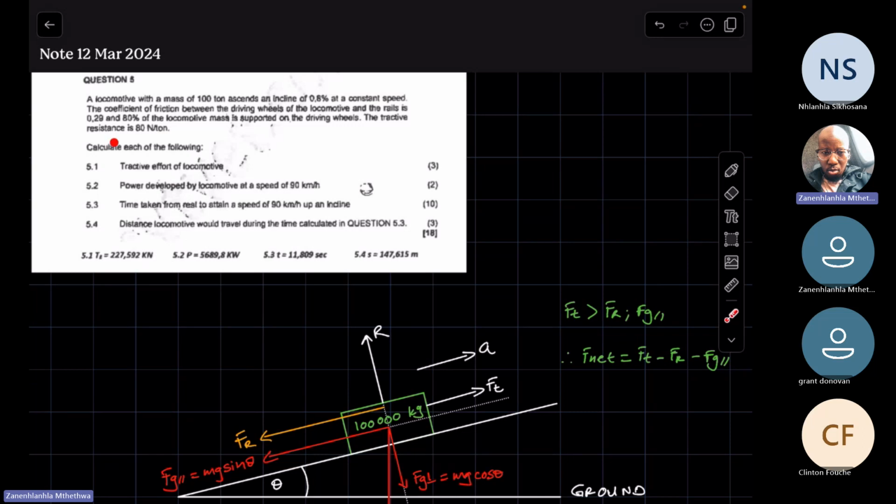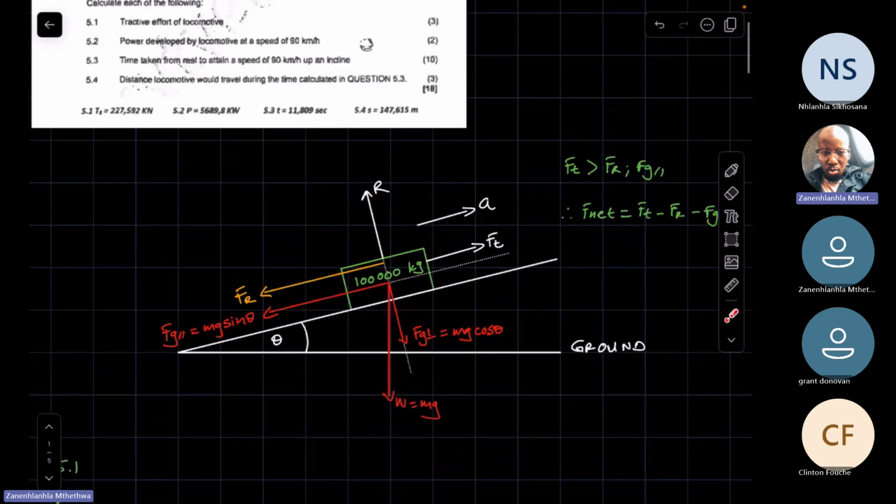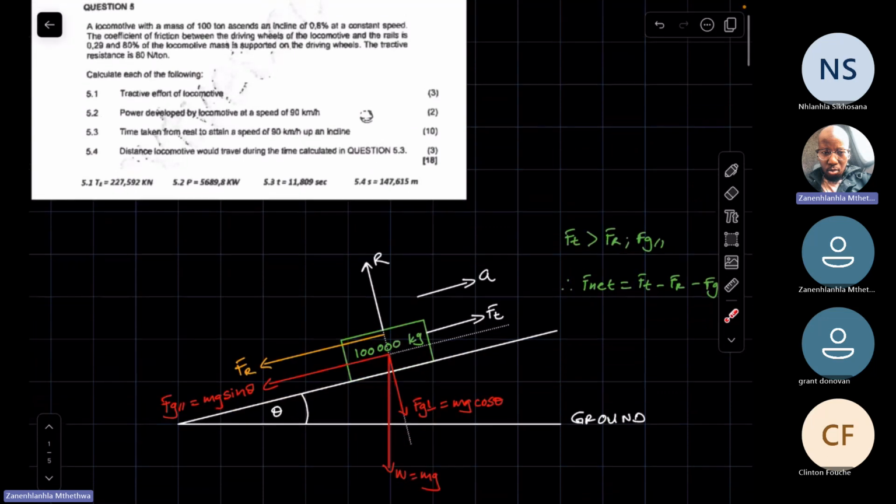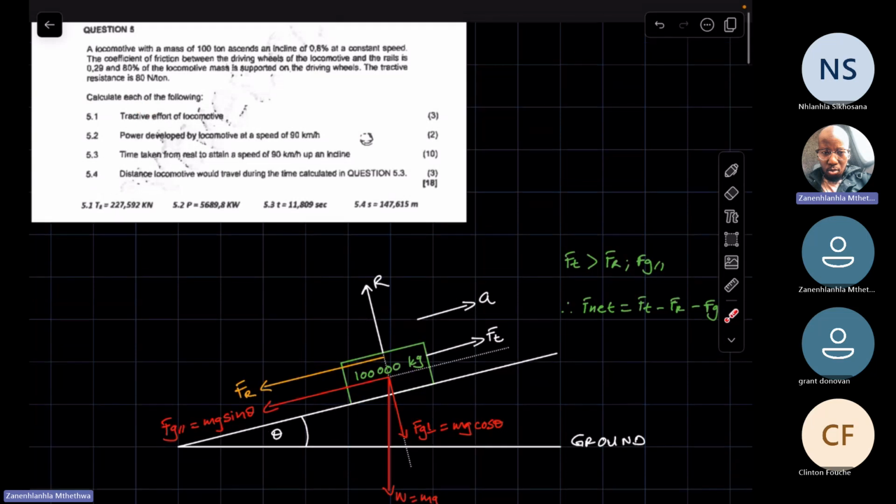Now, let's look at question 5.1. Calculate each of the following: the tractive effort of the locomotive. Now, if you look at the statement, they say that the coefficient of friction on the rails is 0.29, and only 80% of the locomotive mass is supported on the driving wheels.